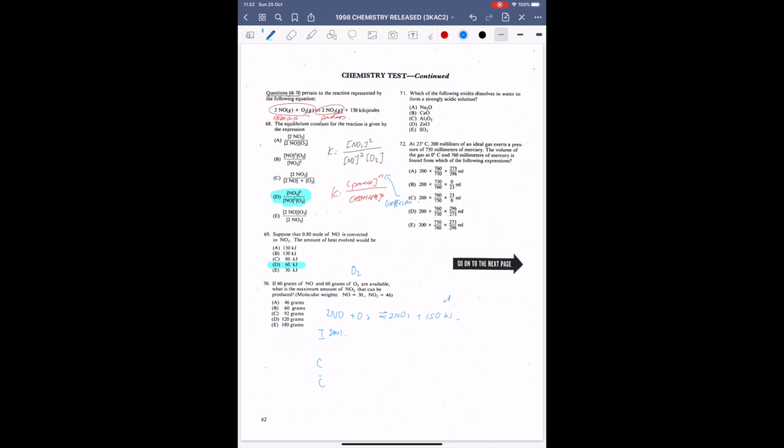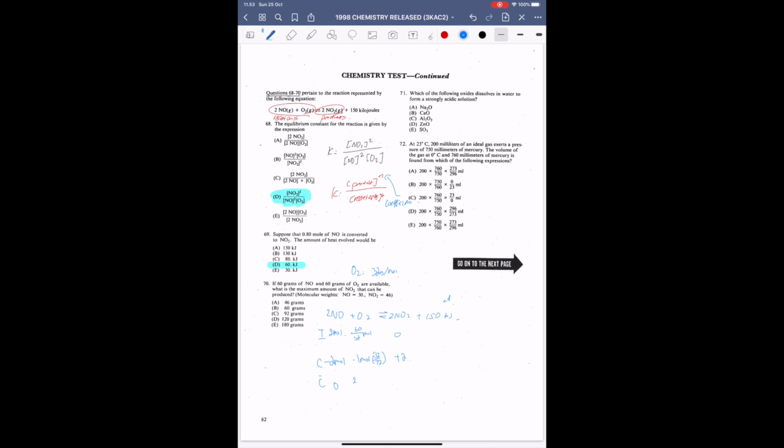O2 has a molar mass of 32 grams per mole, so we just do 60 over 32 mole. The product starts at 0. Remember, the changes have to follow the coefficients, so that should be minus 2 mole, minus 1 mole, or 32 over 32, plus 2, and there shouldn't be anything in the heat, so that should be 0.